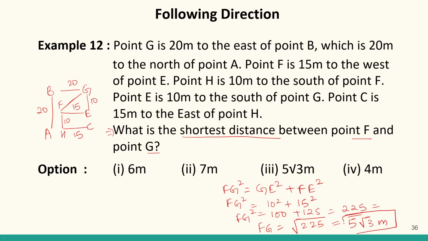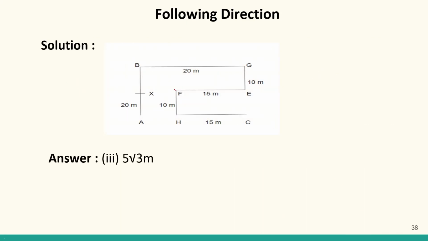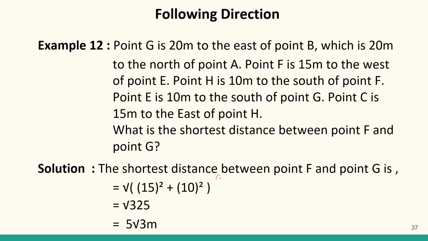So our answer will be 5 root 13 meter. So with respect to G, the shortest distance between F and G will be this. Here you can see 10 meter, 15 meter, and here is the calculation.